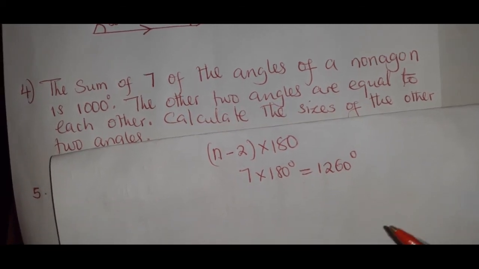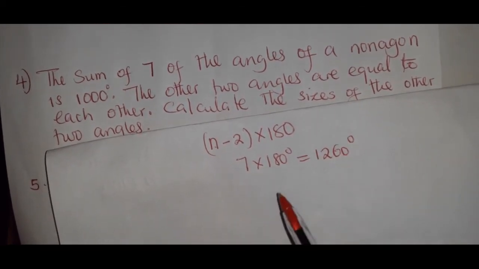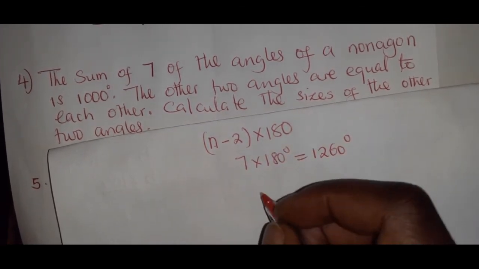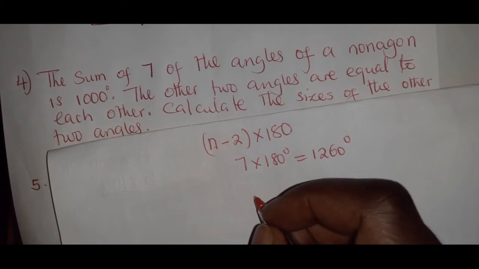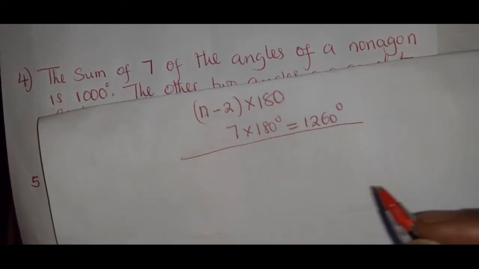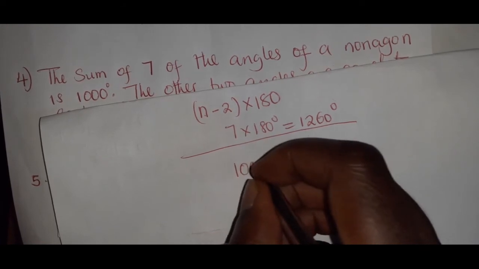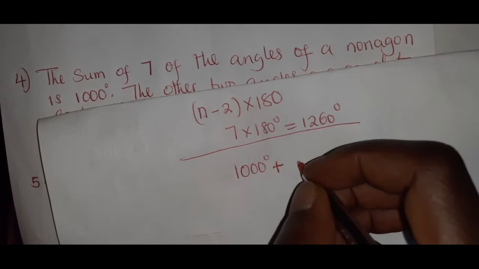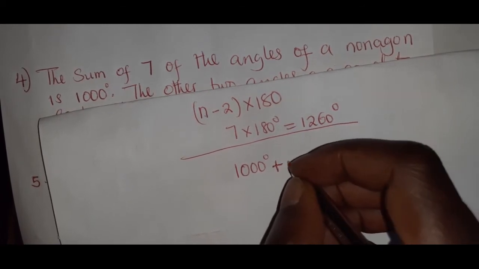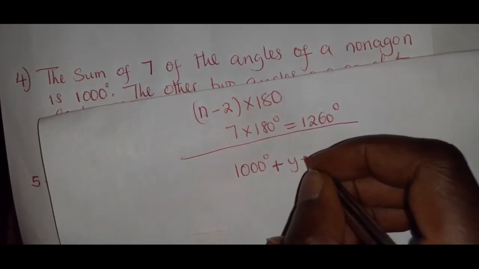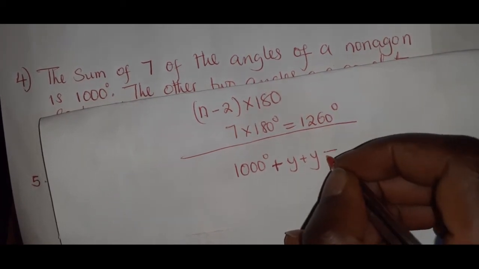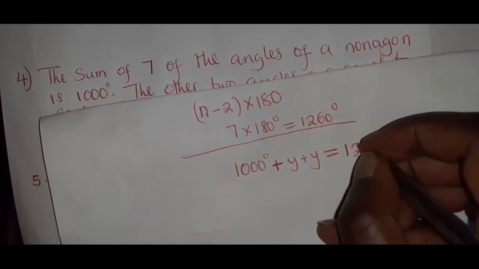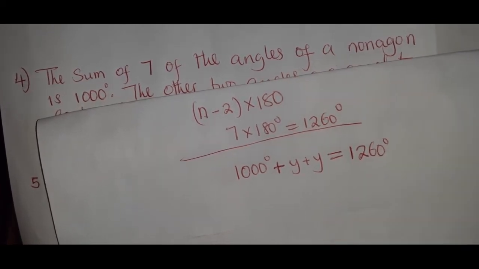Now, we are told that 7 of the interior angles added up to 1000. Then we had two other angles that were equal. For instance, say there's y and another y. When we add these, we must get 1260 degrees.